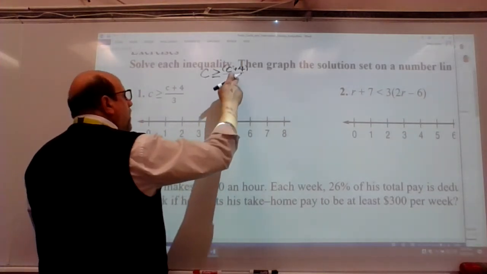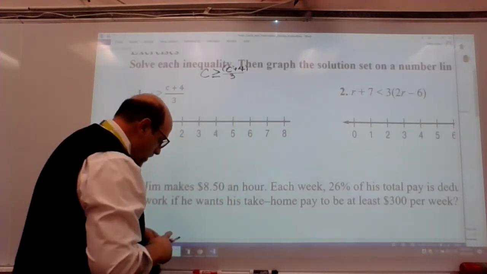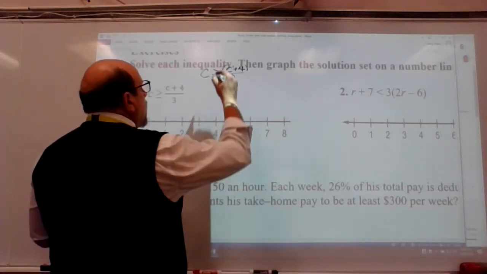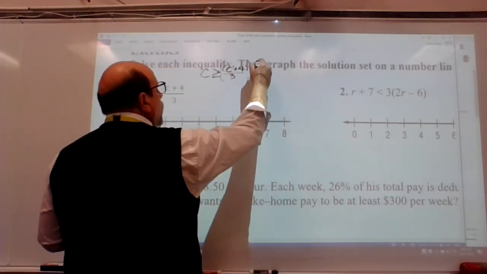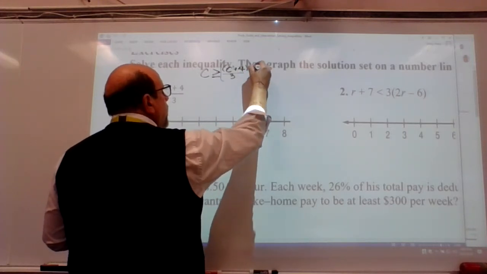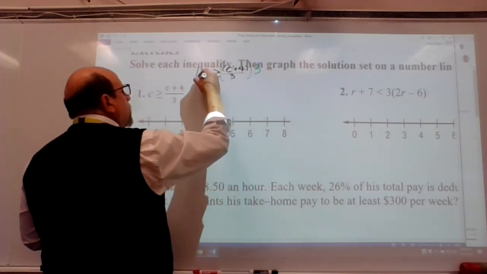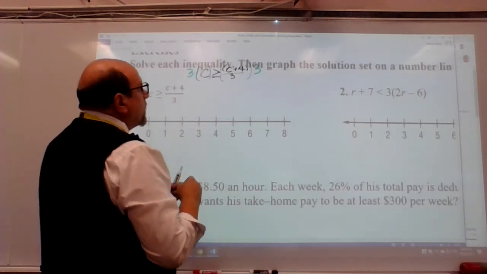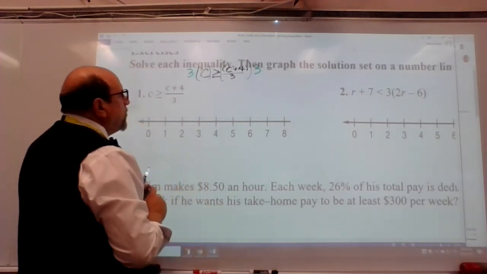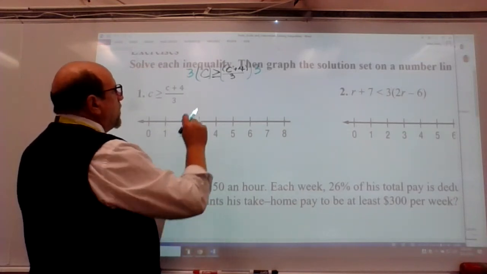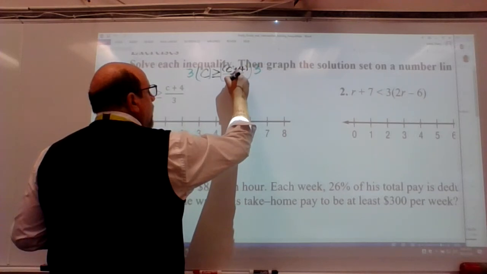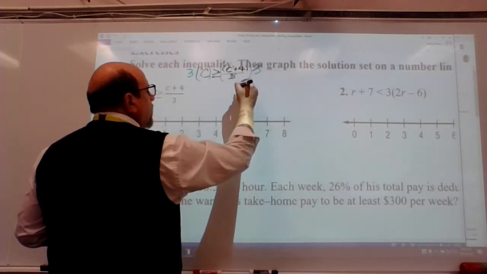I want to get rid of this, so I'm going to take my green marker, because that shows up, and multiply the whole thing by 3, because it's being divided by 3. So I'm going to multiply both sides by 3. And the best part about this is I'm so close to being finished once I do this multiplication. Divide by 3, multiply by 3, they are opposites, so they cancel each other out.